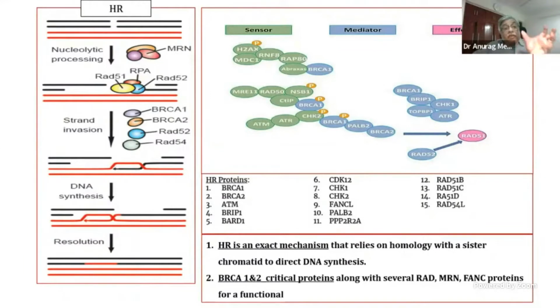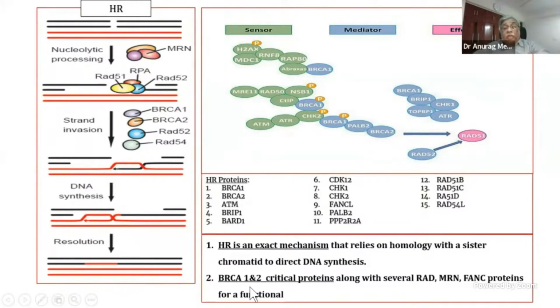After invading the homologous strand, it uses this strand for the repair and carries out a repair which is an exact replica of the original. So the DNA is returned to its pristine state. And this process is very efficient, very effective, and requires about 15 proteins to participate.